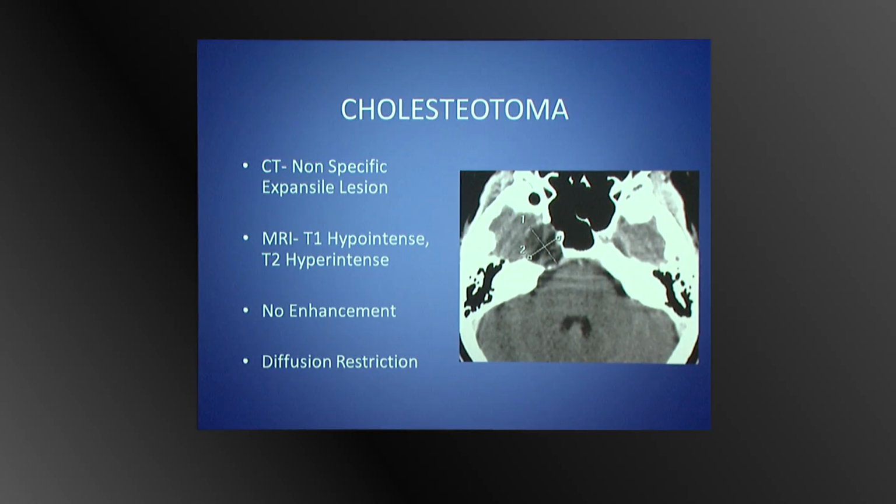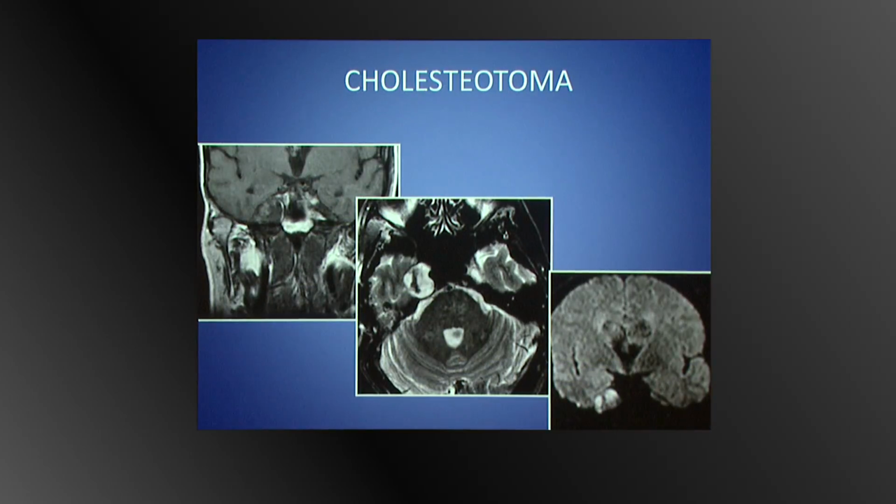Once again, CT not so good. CT is more about identifying these lesions with characterizing by MR. So CT shows a non-specific expansile lesion. The MR features are different to the cholesterol granuloma in that they're T1 hypointense, T2 mildly hyperintense, sometimes a bit variable, but hyperintense. Once again, don't enhance, and the key differentiator is that they restrict with diffusion weighted imaging.